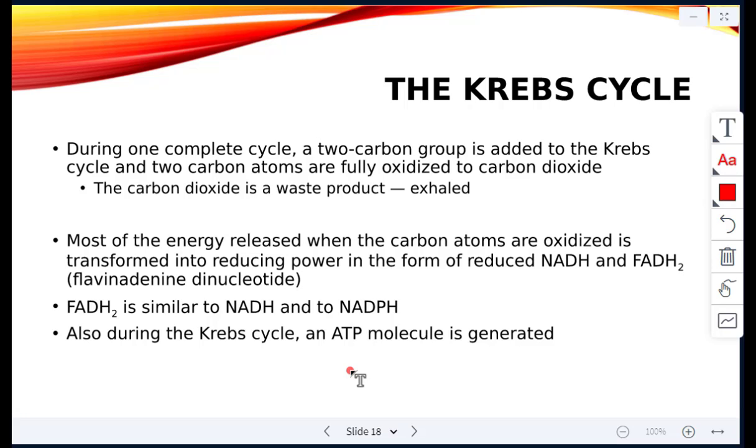Most of the energy released when the carbon atoms are oxidized gets transformed into a reducing power in the form of NADH, as well as another molecule called FADH2, flavin adenine dinucleotide. So this FADH2 molecule is similar to NADH, as well as it's similar to the NADPH that we saw in photosynthesis. During the Krebs cycle, an ATP molecule is also generated.